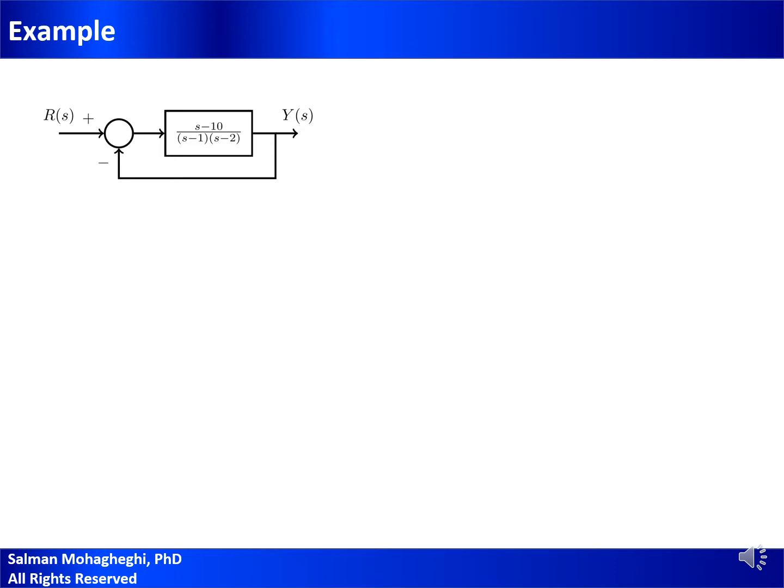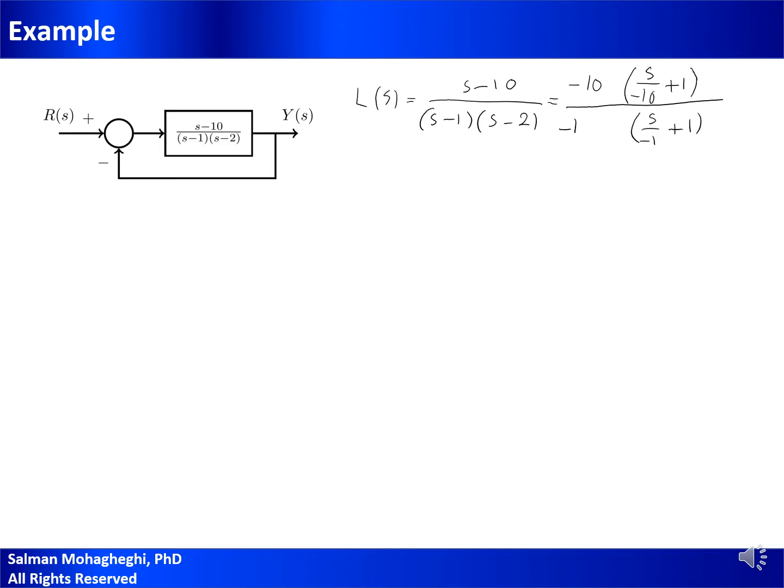So my L(s), which in this case is (s - 10) divided by (s - 1)(s - 2), I will take the constants out and say -10, and write this as (s/(-10) + 1) divided by (-1)(s/(-1) + 1) times (-2)(s/(-2) + 1).